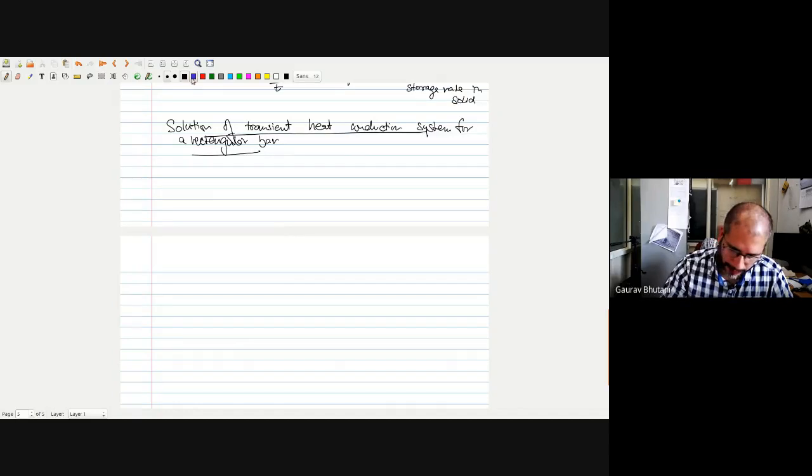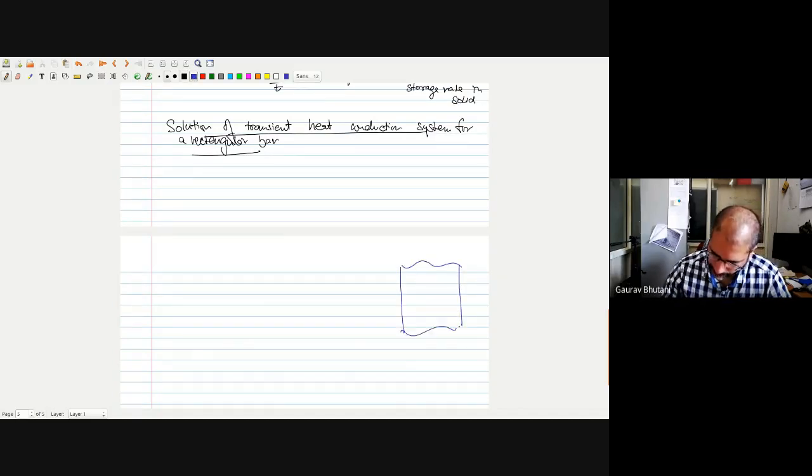The geometry we have is still very similar to what we have been talking about. We have this bar of thickness 2L, and this bar is symmetric in the sense of the boundary conditions we have, with convection on both right and left boundaries.